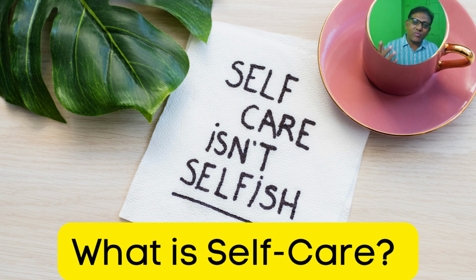First, I have to wish my own self, then the family, then the society. Because if you are hale and healthy, then the people around you will be hale and healthy. So the simple aspect is self-care is not selfish. We have to take care of our own self.